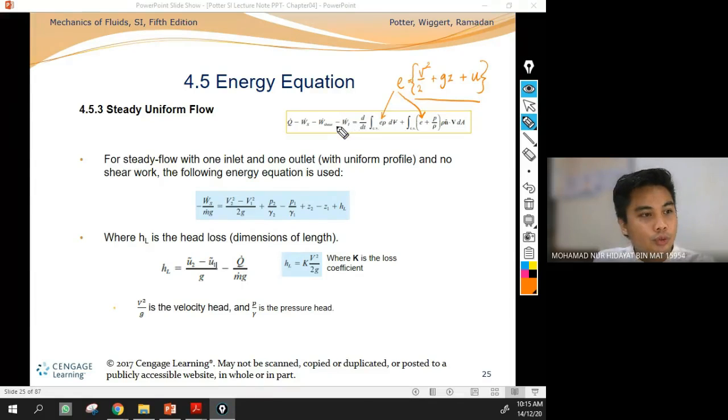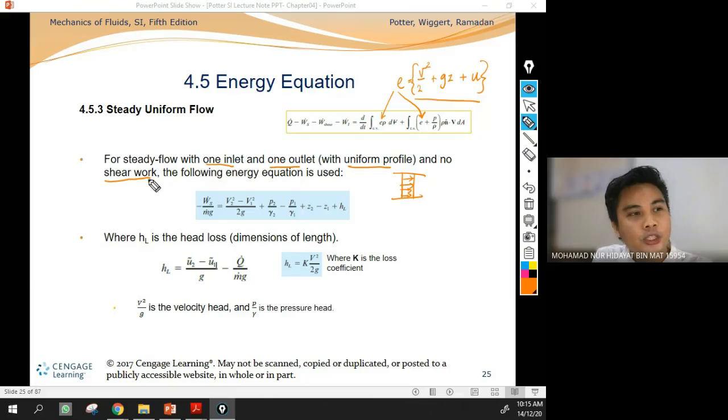Right. So they consider there is no motion of a control volume, the steady flow with one inlet, remember, one inlet and one outlet, uniform profile. This is the uniform profile, and no shear work.